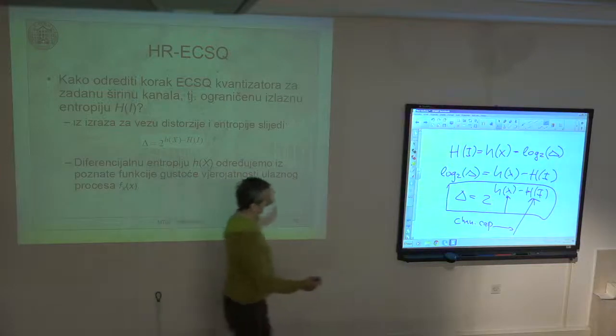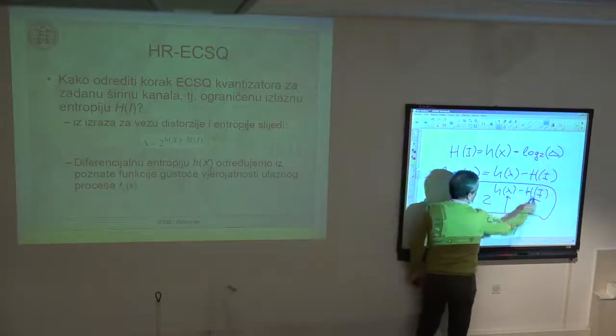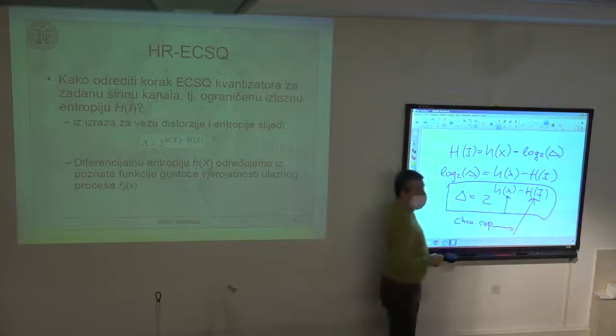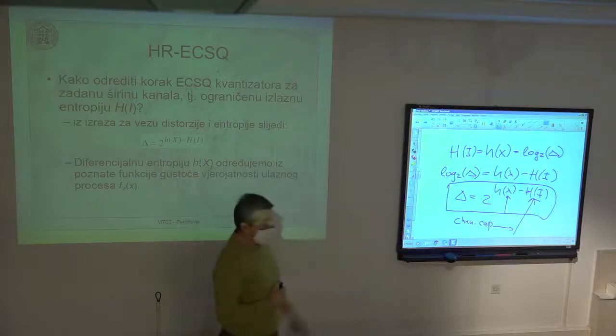So depending on the process, I know the differential entropy, and I know the available channel capacity. And from these two values, I can find the required step size to achieve exactly the output entropy that I need to pass the signal to the channel.